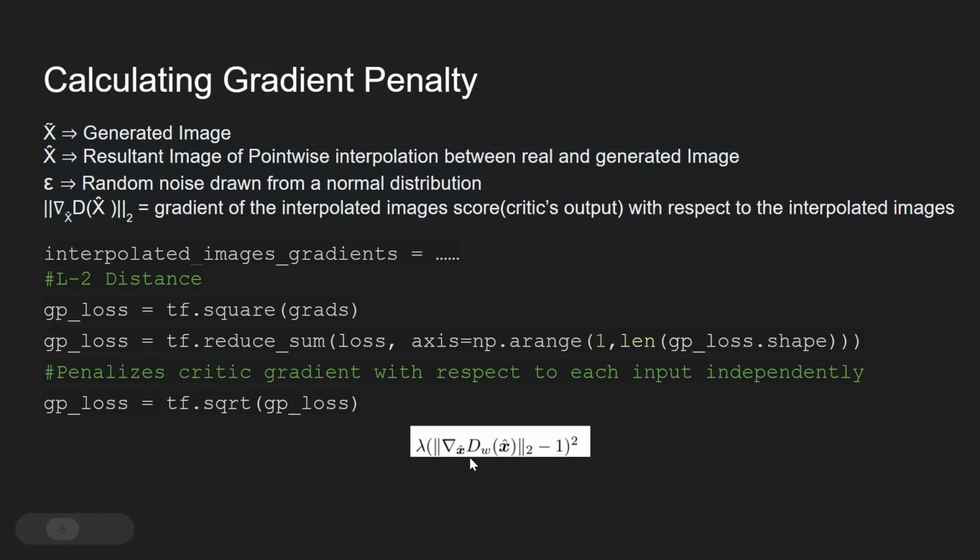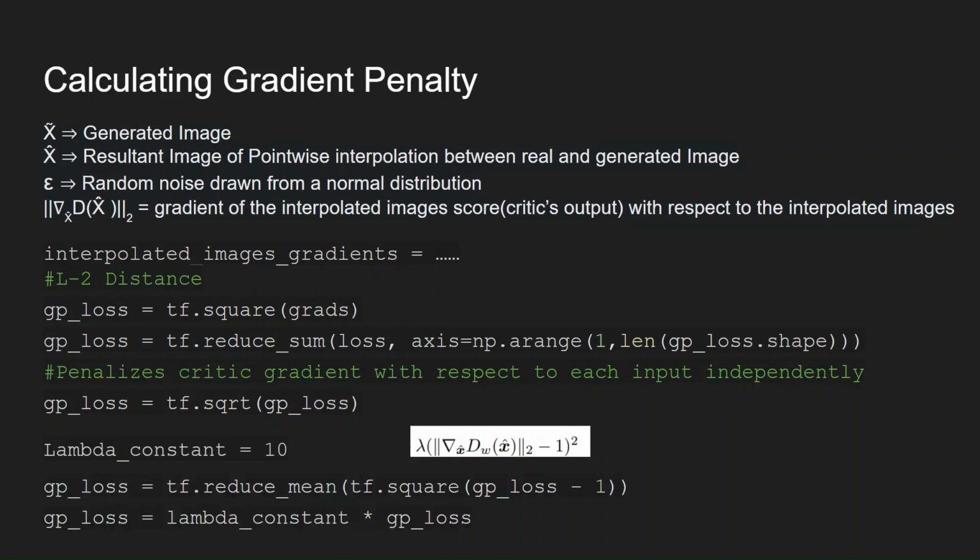And now I have this term right here, as you can see in this formula, this L2 norm of the interpolated images gradients. Now I just need to subtract 1 from it, then square it, find the reduced mean, and multiply it with lambda. In the original paper they proposed the value for lambda as 10, and it works fine across different data sets and different architectures.